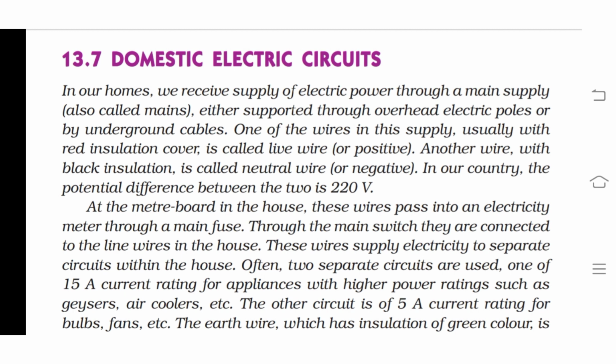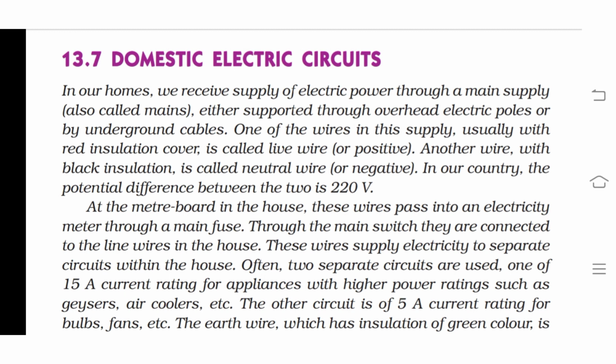From the transformer, one wire is positive and another is negative. Wherever we use a red insulation wire, it is positive, and wherever we use a black insulation wire, it is negative. The red insulation is covered by a copper wire and the black insulation is covered by a copper wire.